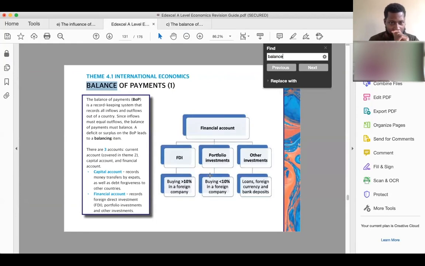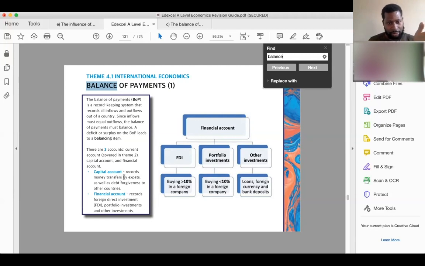So let me start again. The capital account is recording money that is transferred between experts and migrants, as well as debt forgiveness to countries. For example, if you have family living abroad and you send money to them, that goes in the capital account. Typically, a lot of ethnic minorities like to send money back home to help out.